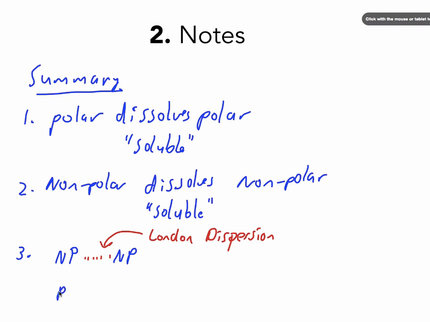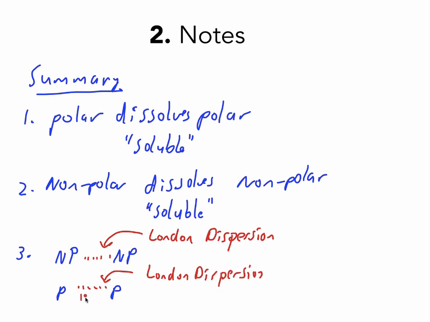Now, if you take two polar substances, the reason they are soluble in one another is, yes, they do have that temporary dipole that we talked about earlier, but they also have, we'll draw that in here, that London dispersion force, and let's just draw that there so you can see visually that they have both. But they also have this dipole-dipole force.